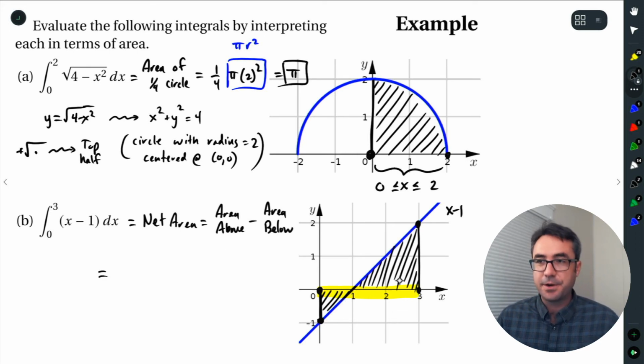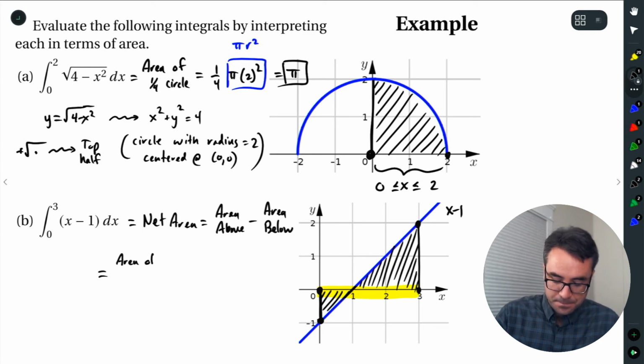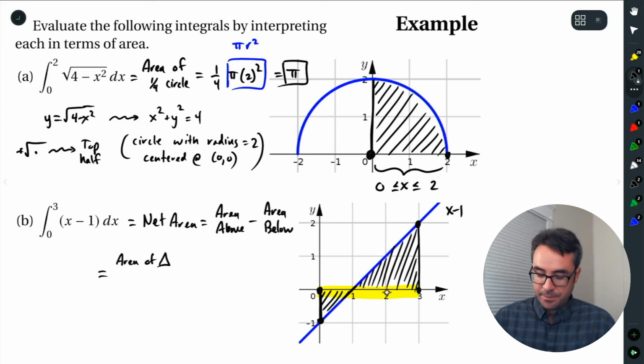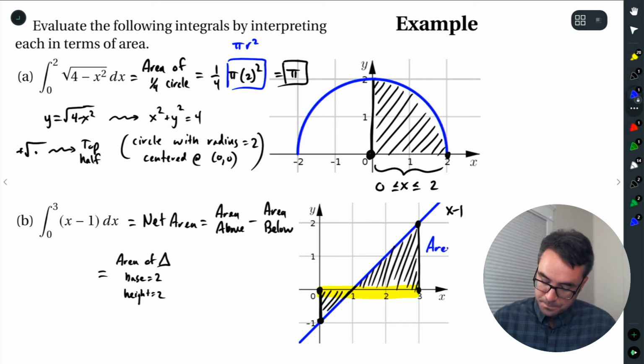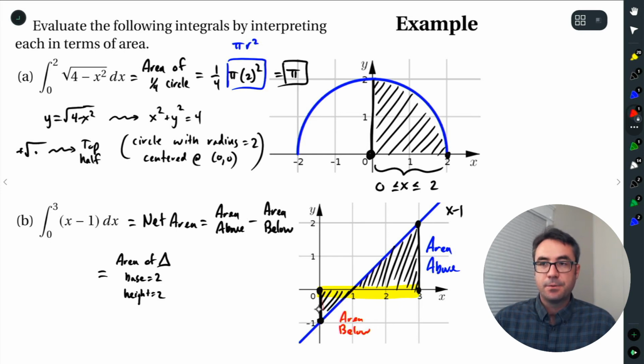So for this area above, well, it's a triangle with the base 2 and the height 2 as well. And then for this region that's below, if we look at this little triangle right here, well, the base is 1 and the height is 1.